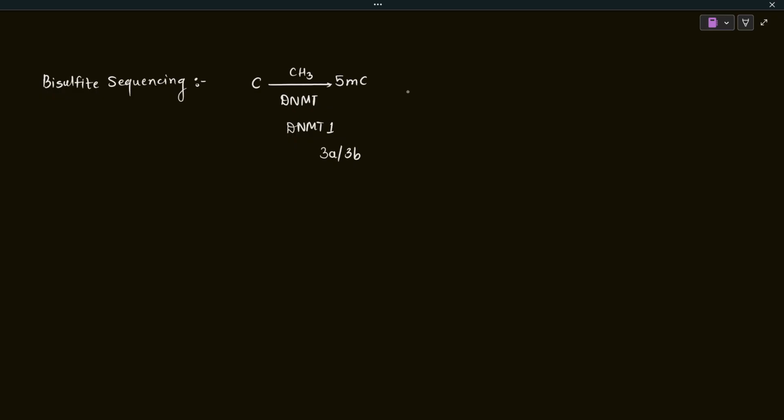So, how to know whether the genomic DNA is methylated? In the normal sequencing methods, you will only get an idea of the sequence of the DNA. For example, you carry out the sequencing on this single strand of DNA, and now you will know the sequence A A T G C G C C T A. But in the normal sequencing procedures, you cannot tell whether this cytosine is methylated or not.